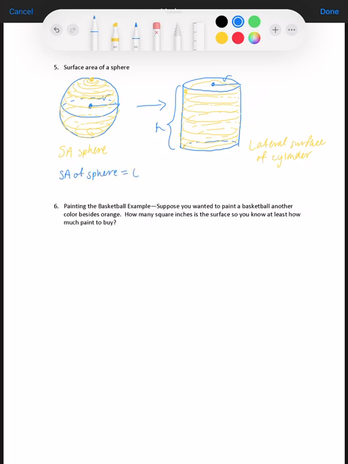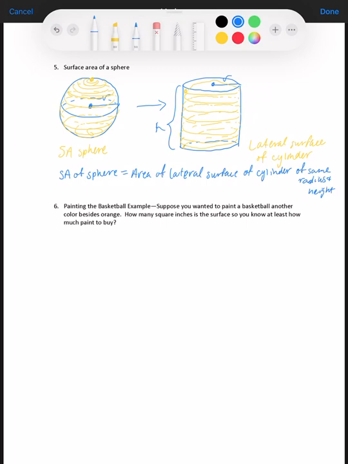The surface area of the sphere is equal to the area of the lateral surface of the cylinder of the same base and height, same radius and height, I mean.